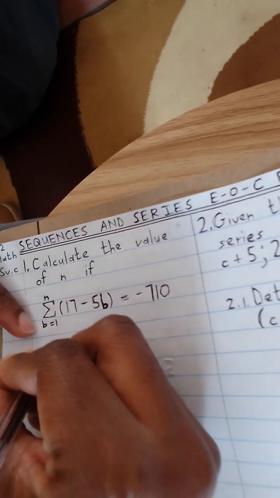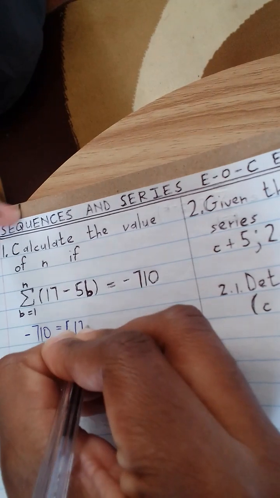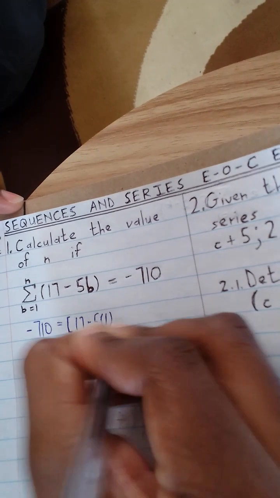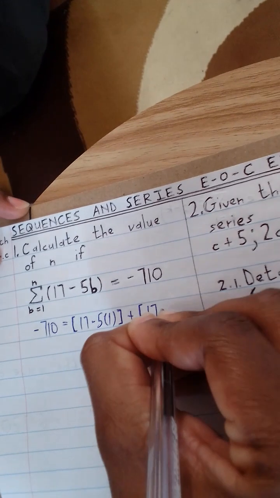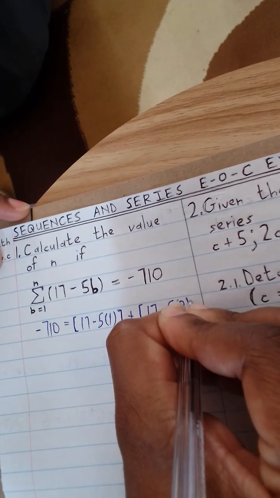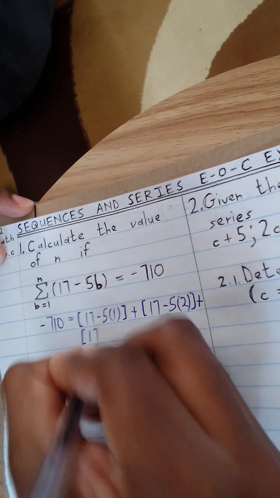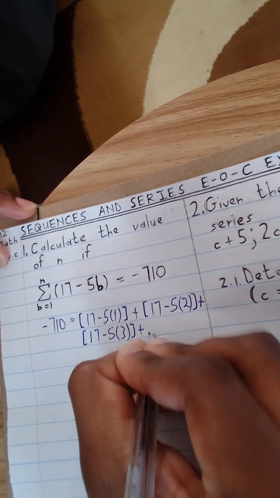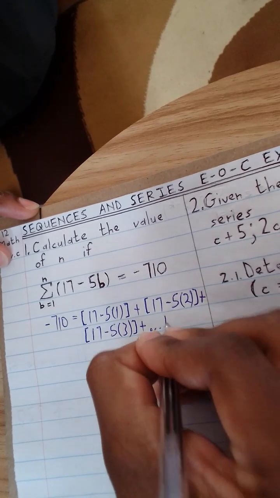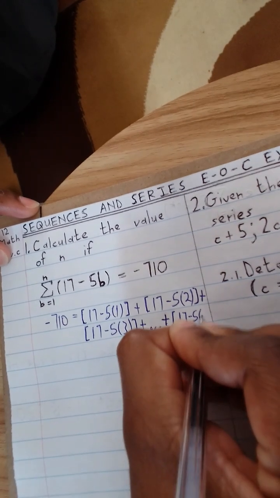So if it's like this, negative 710 is equal to 17 minus 5 times 1, plus 17 minus 5 times 2, plus 17 minus 5 times 3, plus others in between, then plus 17 minus 5n, the last term.